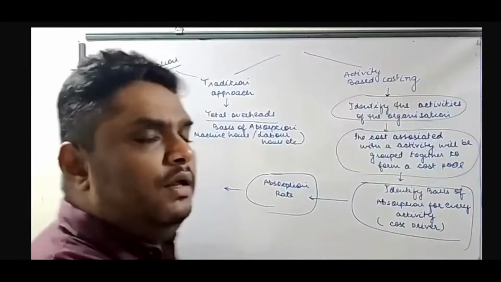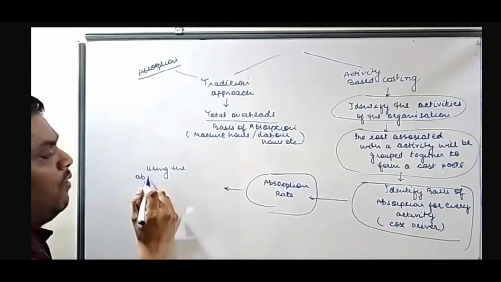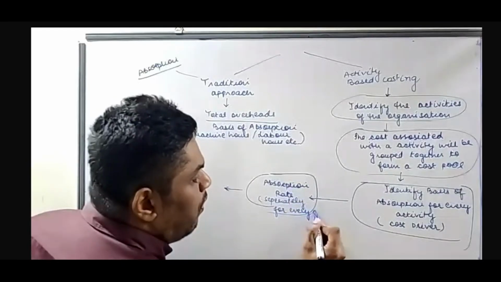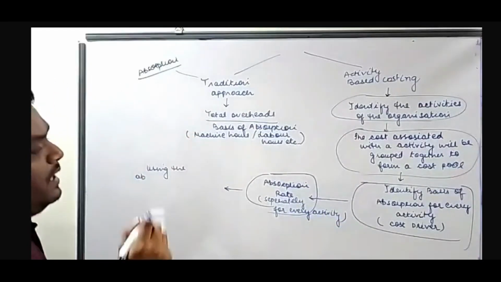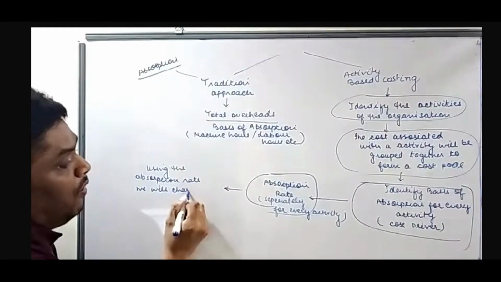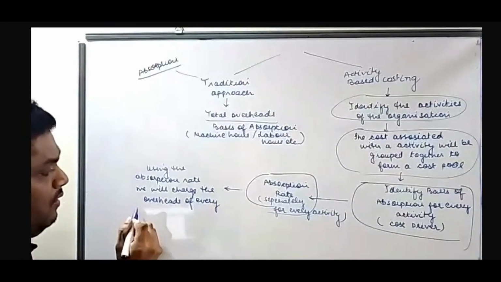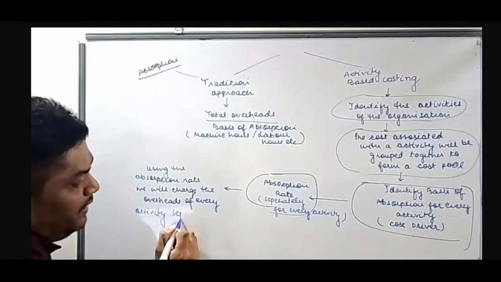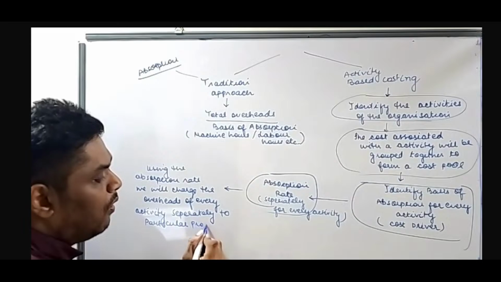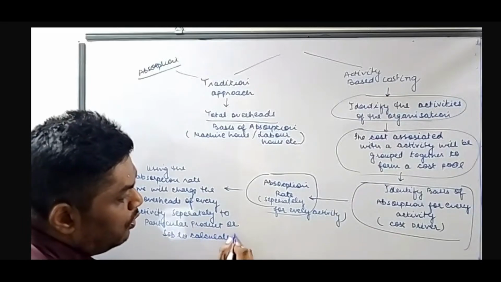And once absorption rate is calculated, using the absorption rate, we will charge the overheads of every activity separately to a particular product or job to calculate total cost.